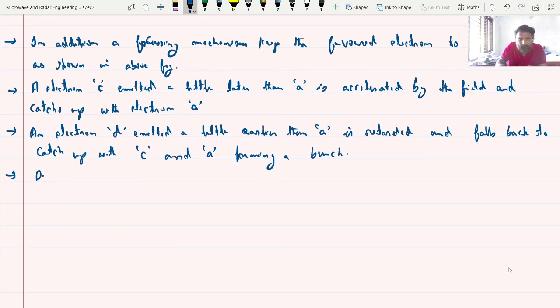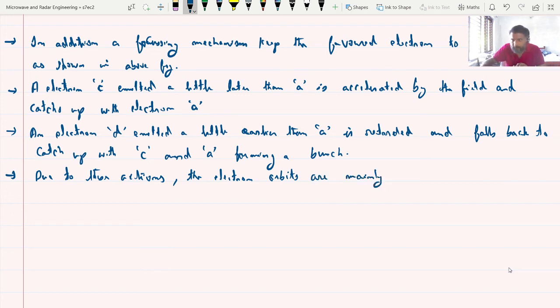What I told you, due to these actions, what happens, the electron orbits are mainly confined to spokes as shown in figure.